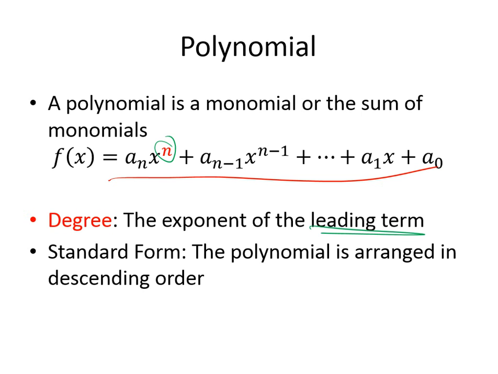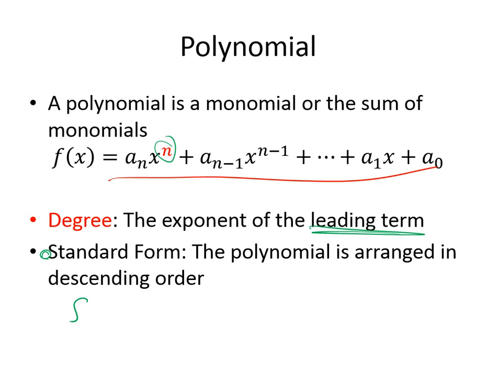And that is also your leading term. Whatever has that largest exponent is also called your leading term. And the reason it's called that is because in standard form, you arrange the terms in descending order of their exponents.